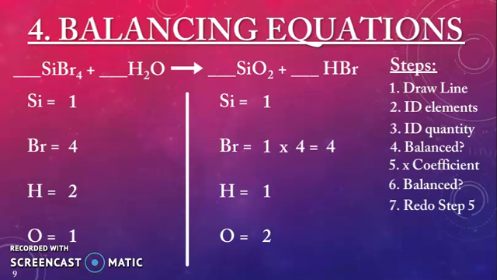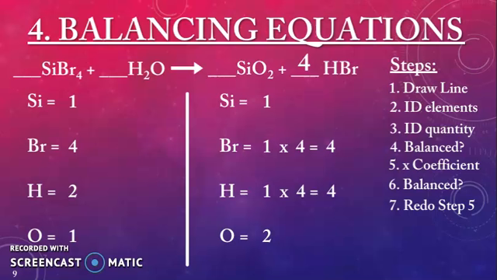All right, so bromine's not balanced, silicon is, so we're going to skip that one. And we're going to look at the bromine, and I need to get from 1 to 4, so I'm multiplying this by 4. I'm going to put a 4 up top, and notice that this is also attached to the hydrogen, so that one also needs to be multiplied by 4.